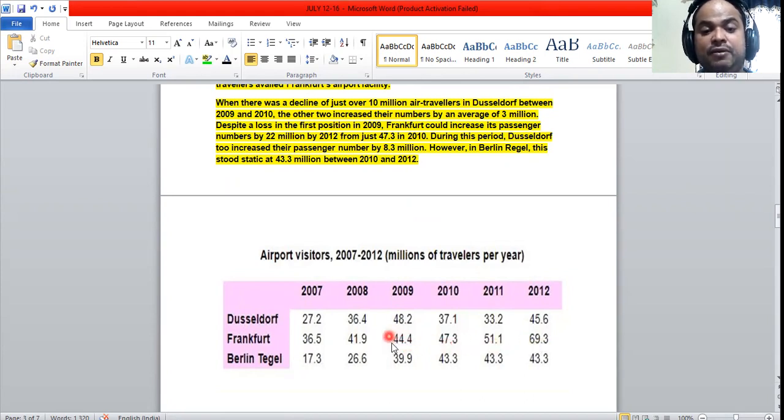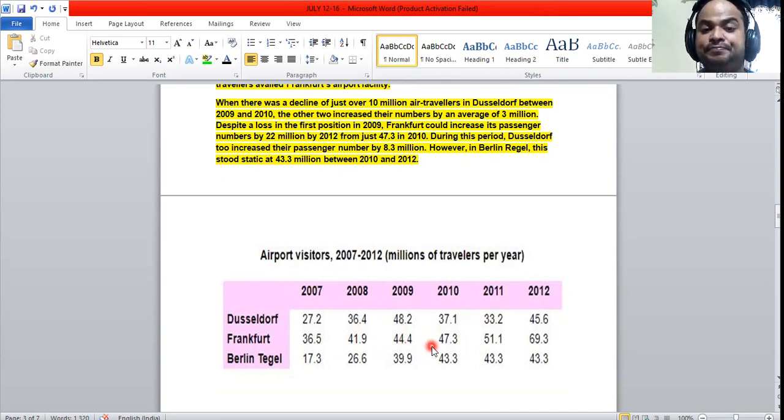So you have a loss in the first position, so it was maintaining the first position all through the year. So this is a drawback here. So this is the thing: despite a loss in the first position, it was maintaining the first position except in this particular year.